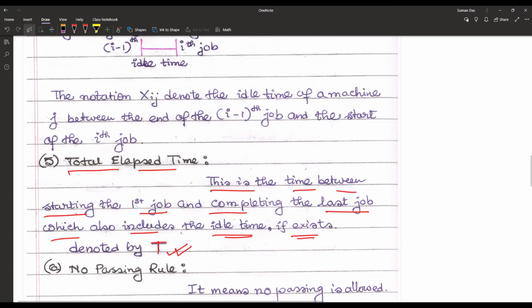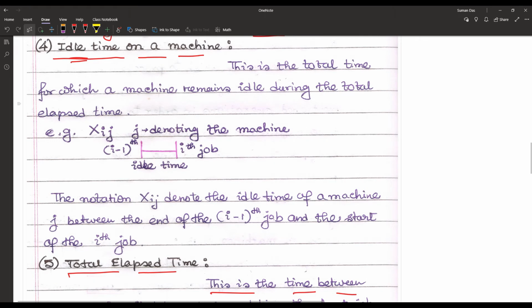Now the idle time on a machine. Already we have said, suppose the machines are ordered in the way that is A to B. There are two machines, from A to B. Now if A has completed its jobs but B has not started, B has to wait for some time, and that time, when machine B is sitting but doing no job, is the idle time on the machine.